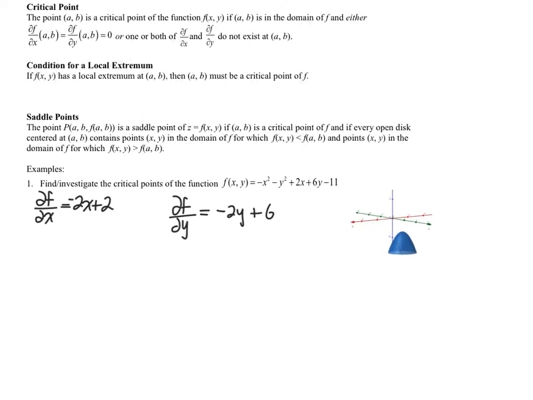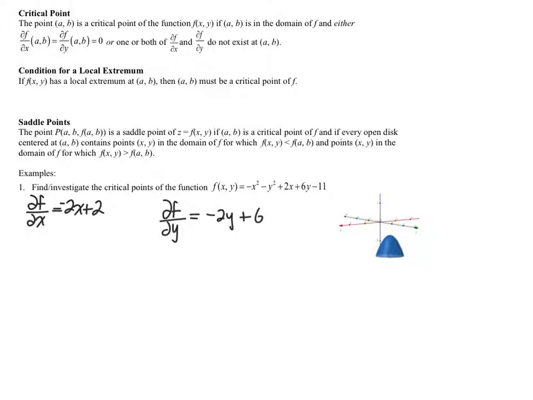So again, just going back to the definitions, if you have a point for which the partials are equal to 0, that would give us a critical value. If you have a point for which the partials do not exist, then you would also have potentially a critical value. So what I can do is set each of these equal to 0, classic Calc 1 maneuver.